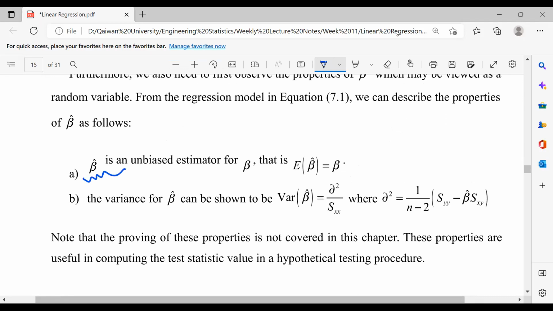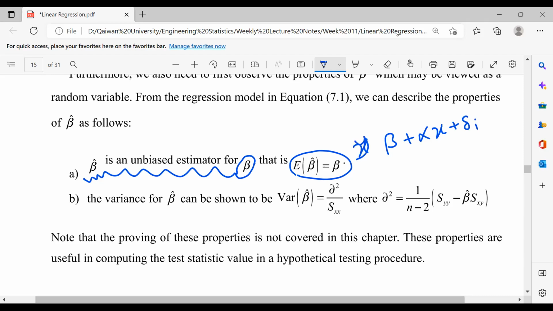Here we say beta hat, its estimation is beta. Here we use beta hat instead of beta. Before it was beta plus alpha x plus epsilon I. It is for x. It's for y. Y equals this one.